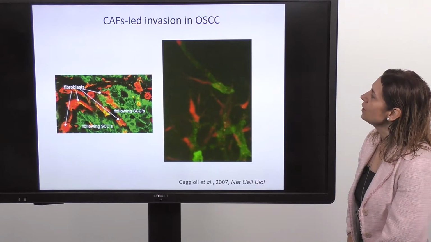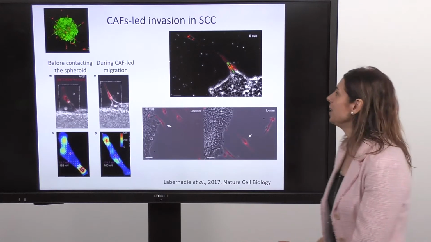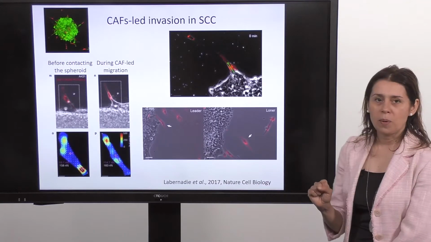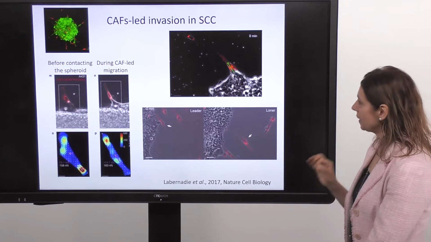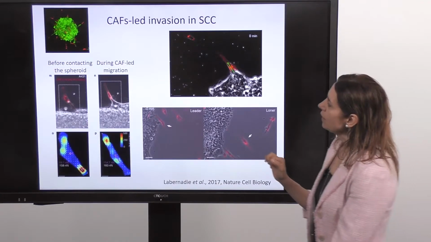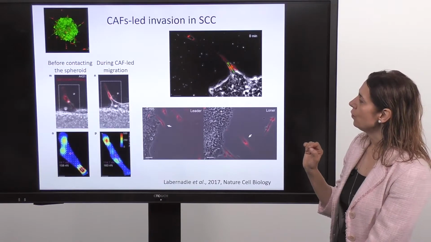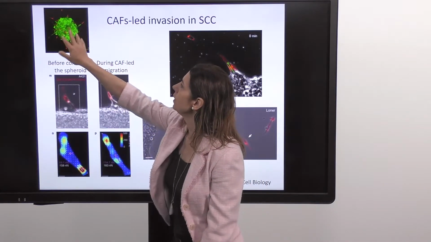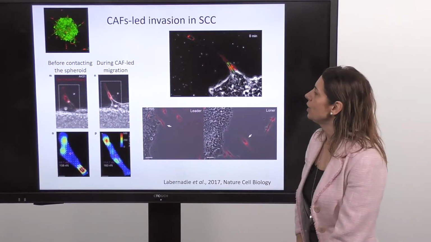Interestingly, they have followed this study, and I will very briefly show this because I think it's fascinating. This is data from fibroblasts isolated from vulva squamous cell carcinoma, but it has relevance for oral squamous cell carcinoma as well. What they investigated here was the traction force of the fibroblasts nearby the spheroid of the cancer cell. Here in green is the spheroid of cancer cell, and with red are the cancer-associated fibroblasts.